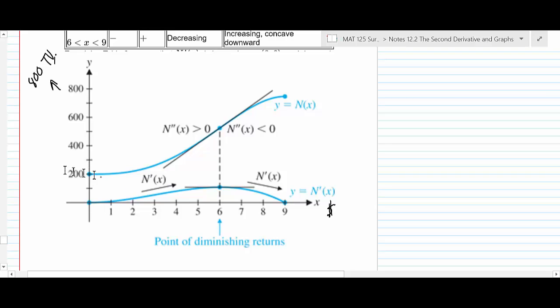So the dollars you're spending continue to increase, but once you get past $6,000 in your ad campaign, the rate at which your production of TVs increases begins to decrease.